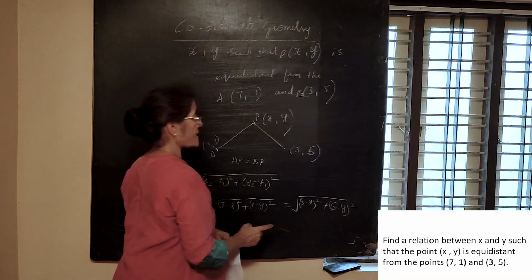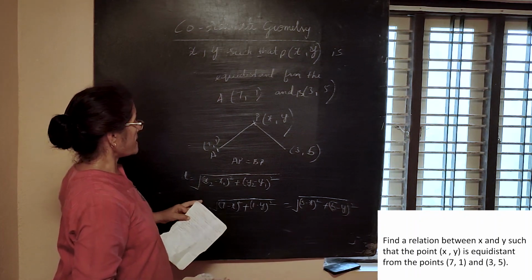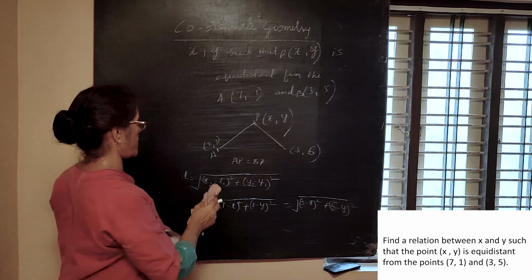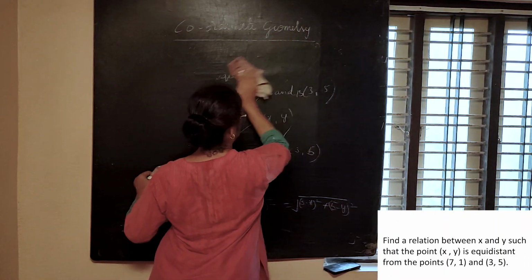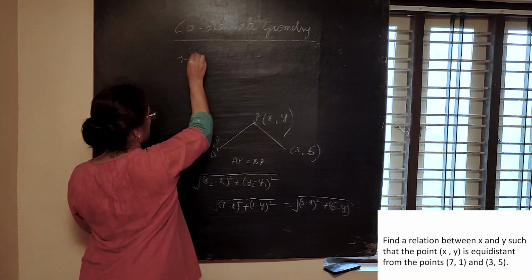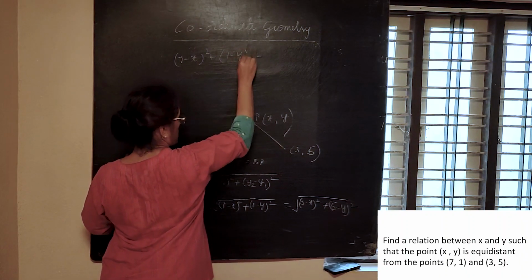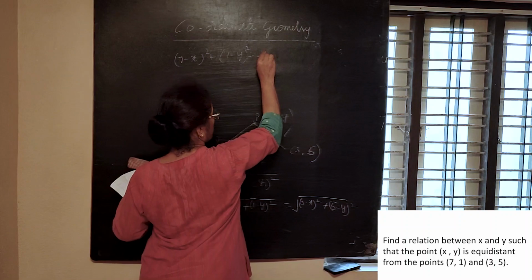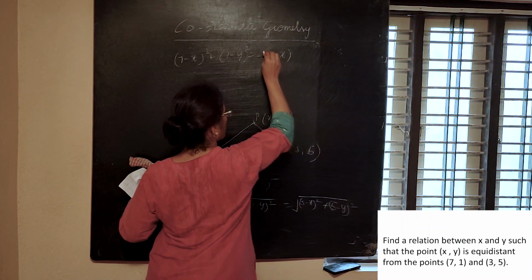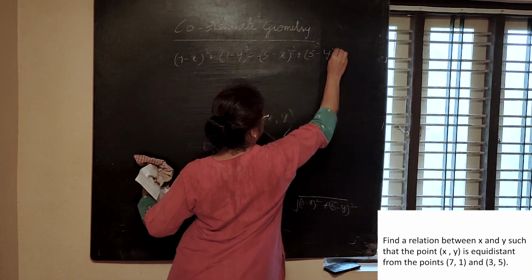After solving this, I can set the relation between x and y. Since the square root sign is there on both sides, let me square it. When you square it, the square root sign goes: (7 minus x) the whole square plus (1 minus y) the whole square is equal to (3 minus x) the whole square plus (5 minus y) the whole square.